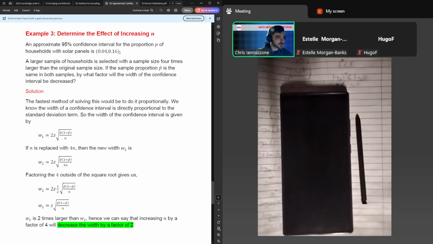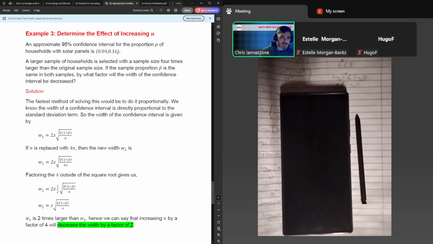So we're told what the confidence interval is, and we're told that a larger sample of households is selected. So whatever this was, we're going larger, specifically 4 times larger. If p hat is the same in both, what factor will the width of the interval be decreased by?